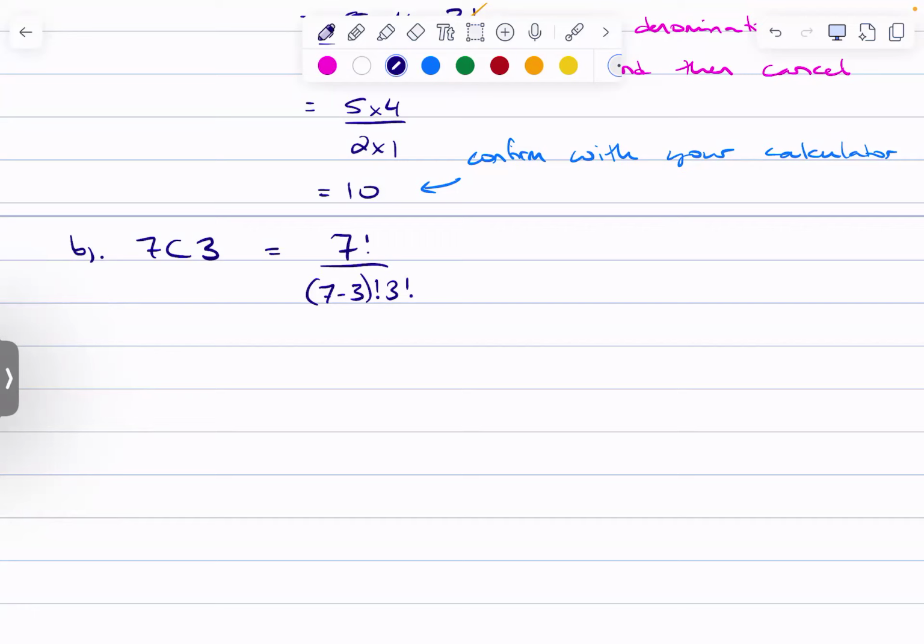Now 7 minus 3 is going to be the bigger factorial. So I'm going to write this out: 7 factorial divided by 4 factorial times 3 factorial. You can skip this step if you want and go straight to the next step.